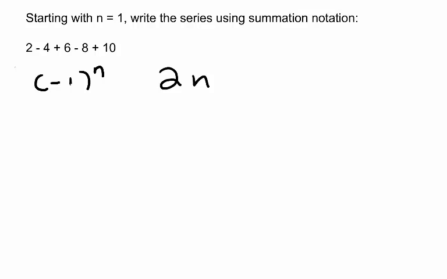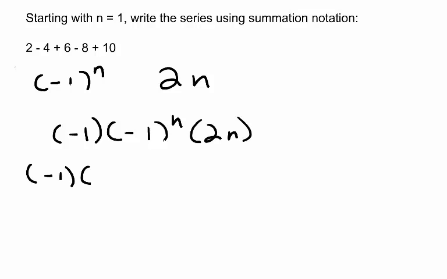However, if we take negative 1 to the n times 2n and multiply that by negative 1, then we get something that looks like it will work. So let's try it. Negative 1 times negative 1 to the power of 1 times 2 times 1 equals positive 2.